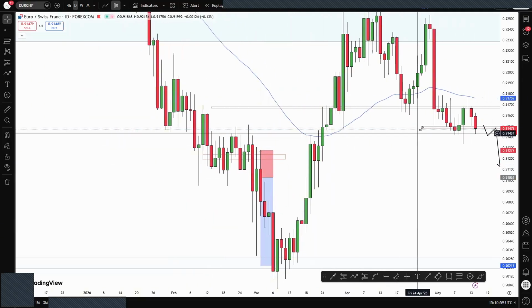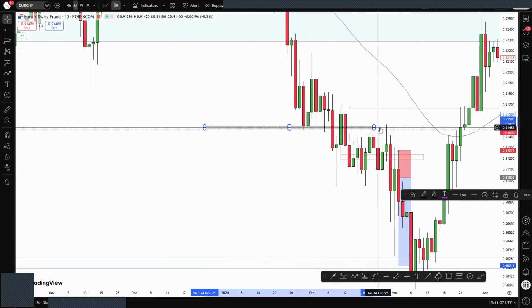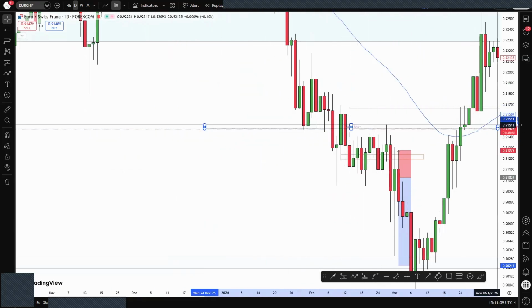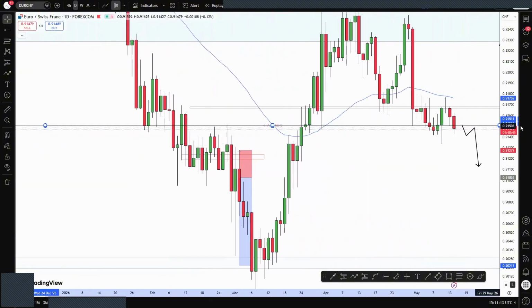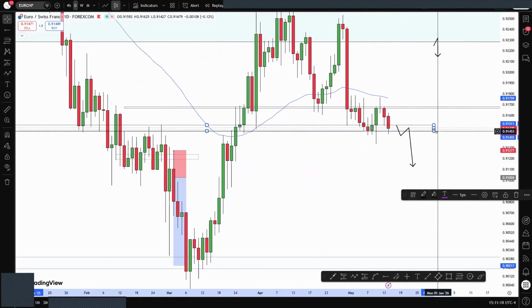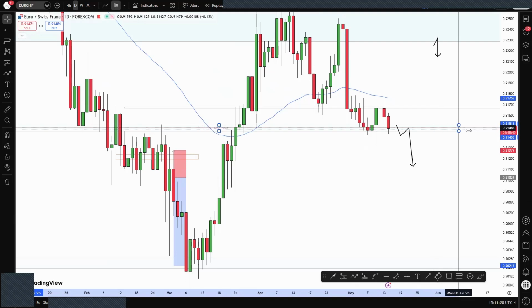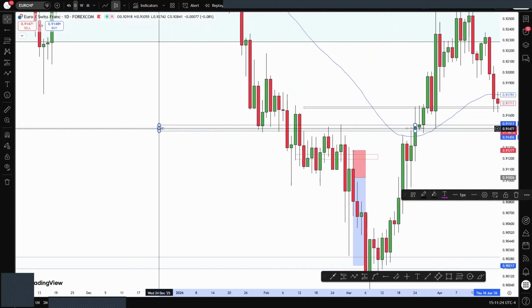If we draw this to the left side, you can also see we have some sort of price respecting this level here.